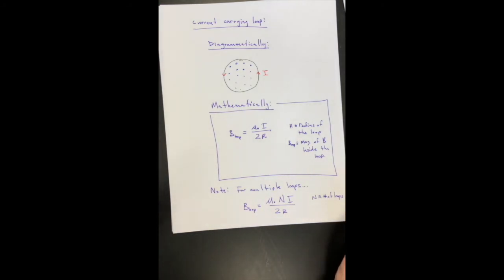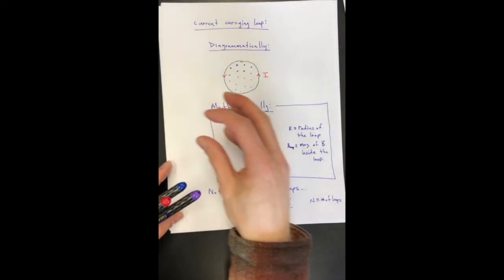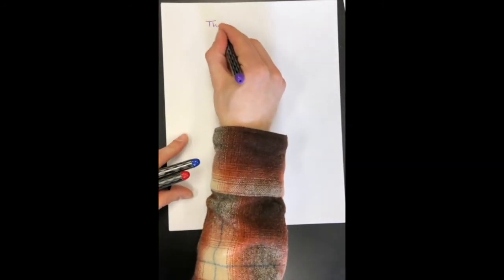Okay. Lastly, if you take multiple loops and line them all up, you get something that we very fondly refer to as the solenoid.